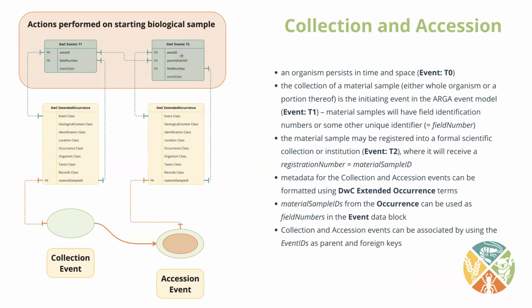So this may have been collected on the Great Barrier Reef, and then this has been deposited into Queensland Museum collection. So you've got different identifications, different locations, different agents acting on it, so you can actually tailor the information to what is actually occurring in that block.